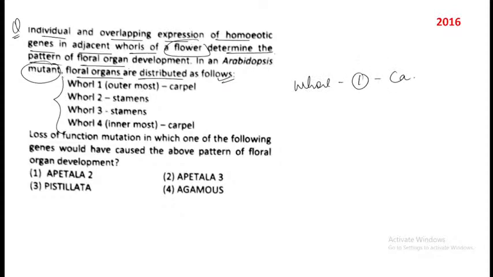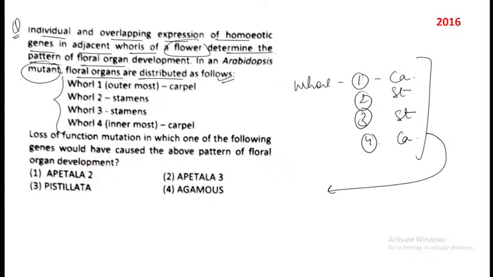In whorl B, you had the stamen. In whorl 3, you had stamen, and in the fourth whorl you had the carpel again, right? Now you need to find out that loss of function mutation in which of the following genes could have caused this pattern of floral organ development. This is a 2016 question. Try to find the answer for this particular question, everyone.